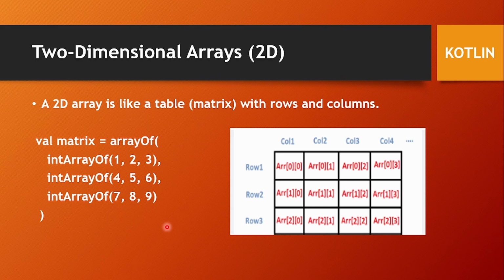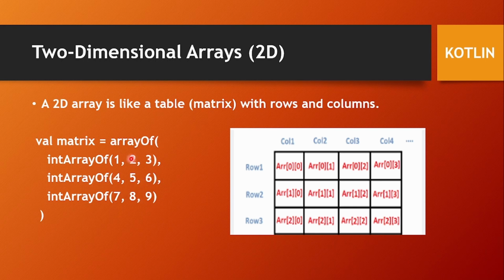So let's jump to the next one. Yes, two-dimensional arrays, or 2D arrays. As you can see here, it is called a matrix, or we can say rows and columns in a table shape. We would have rows and columns for that, and it will be an array inside of an array.